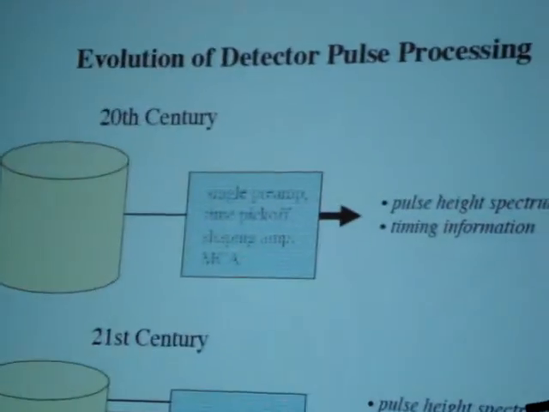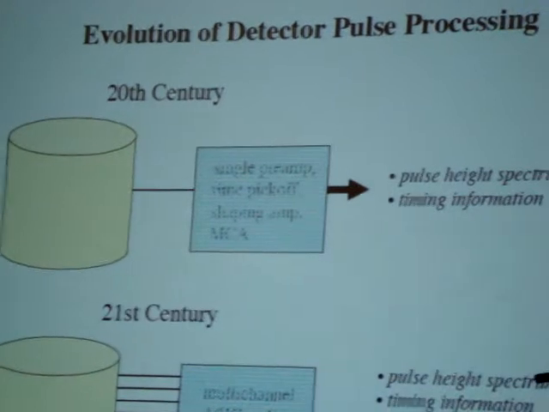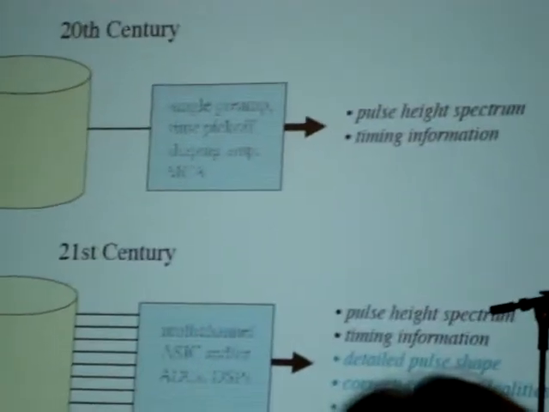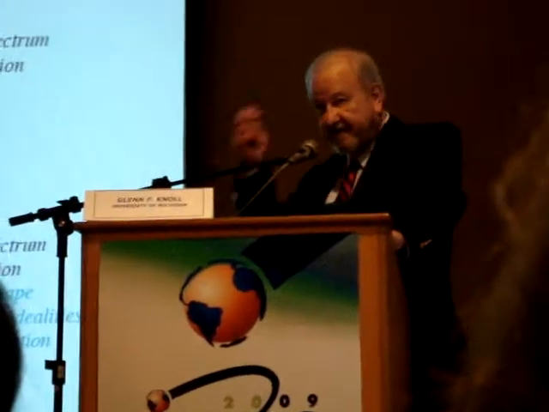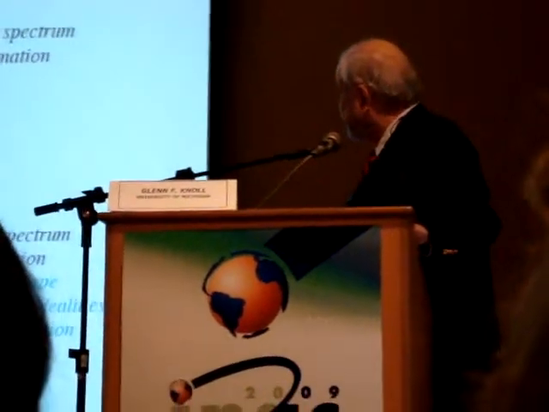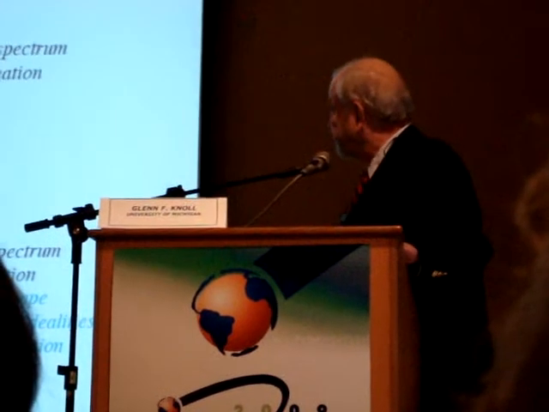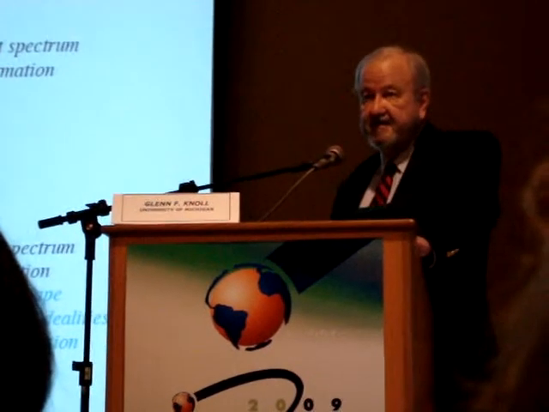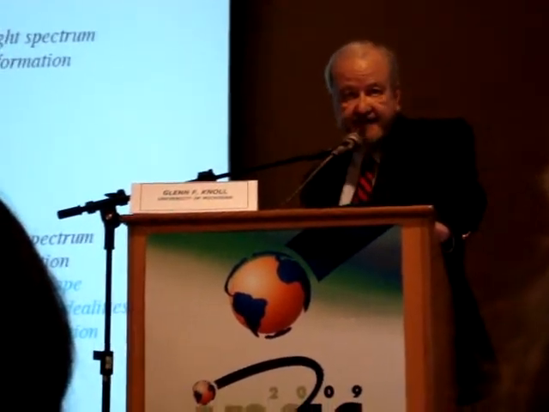Now, what's happened since then has been introducing greater degree of fidelity into the readout of sensors. In the 20th century, we were quite happy pulling off information using a single connector to the detector, to the output node, and reading things like pulse height spectra or timing information, and being quite happy with that.